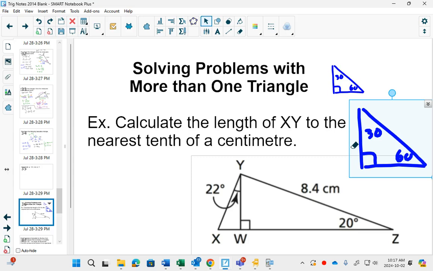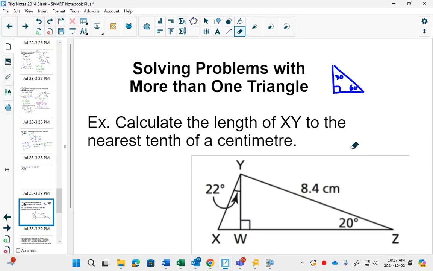The angles would stay the same, but the sides would change. So if you have two pieces of information, and that includes at least one side, you're going to be able to solve the entire triangle.